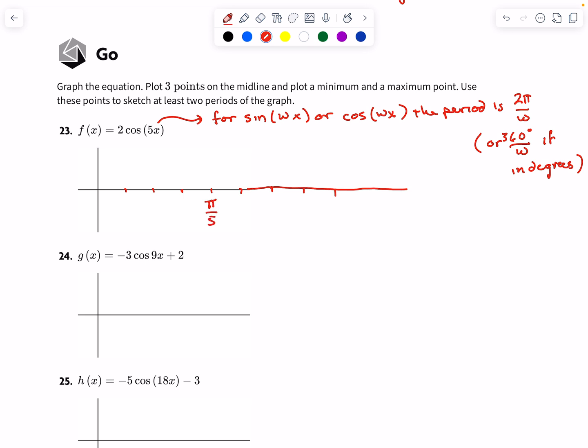And instead of this being 2 pi, it'll be 2 pi over 5. We'll call that 72 degrees.